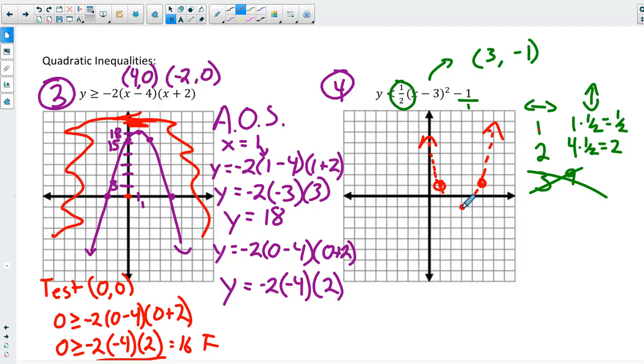So from my vertex, I go 1 to the right. That's this number. And then it's telling me to go up 1/2. So I went over 1, and then I go up 1/2. Dot. And that goes left and right. Okay, so that's where both of these came from. Now the next one is telling me to go from my vertex, I go 2 to the right, 2 to the left. So I came to here, and then it's telling me to go up a height of 2. So from there, then I go up to 2, and that's where that dot came from.